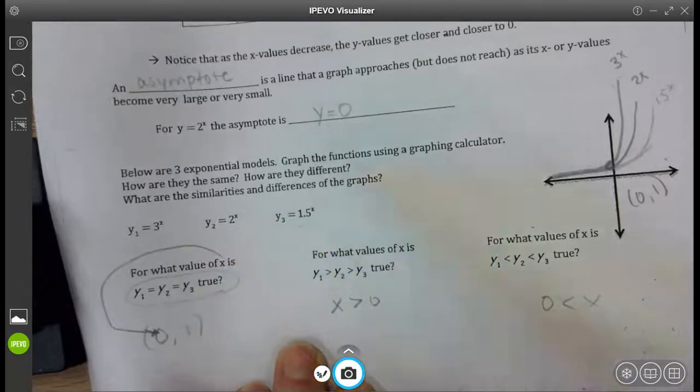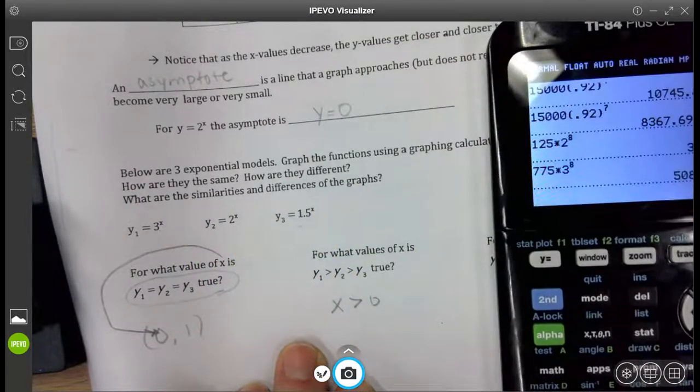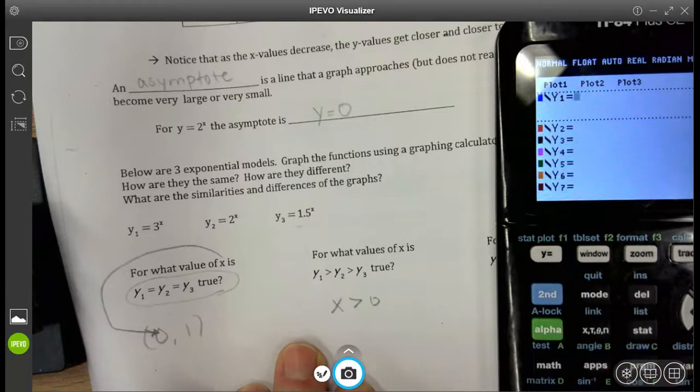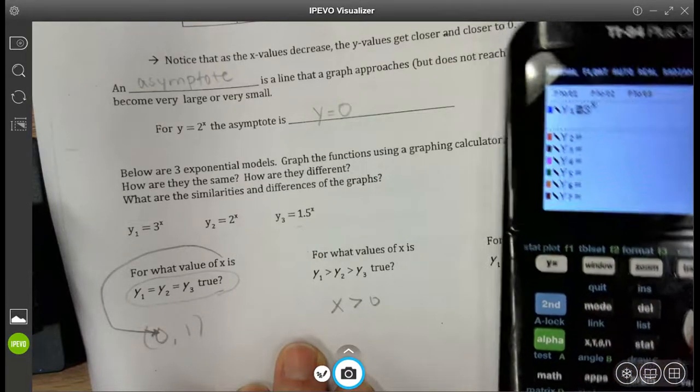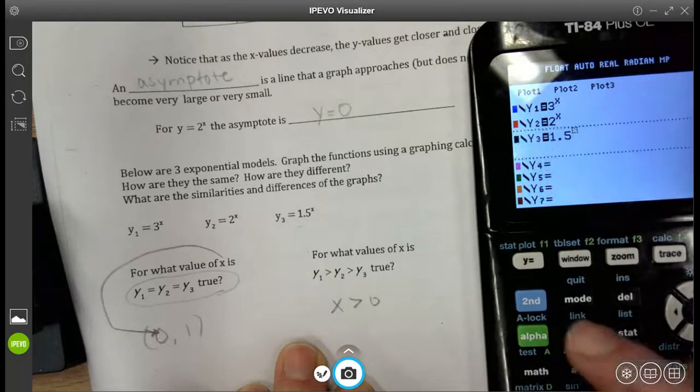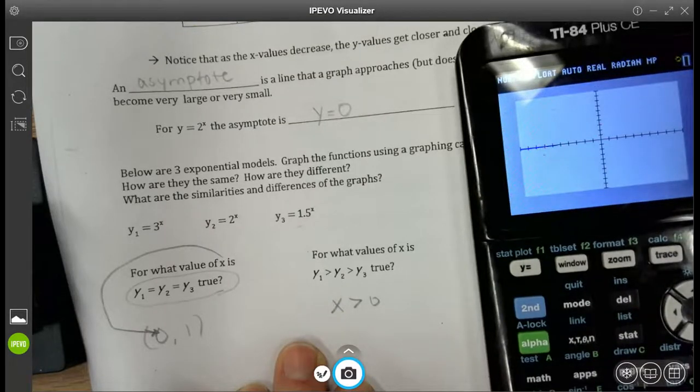If you type all three of these into y equals, and then hit graph, you will see in different colors too.